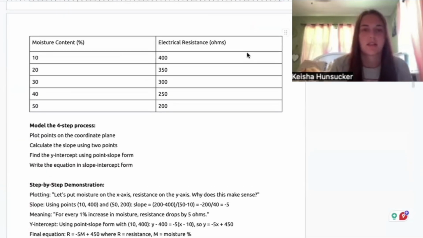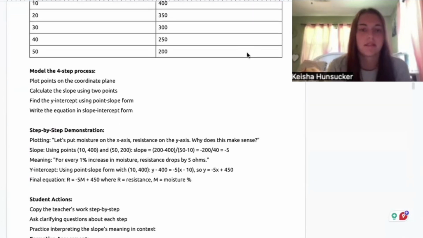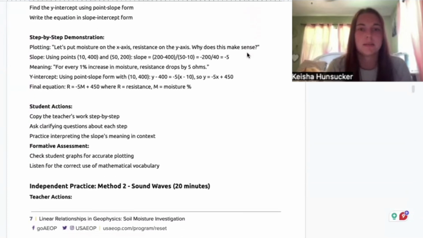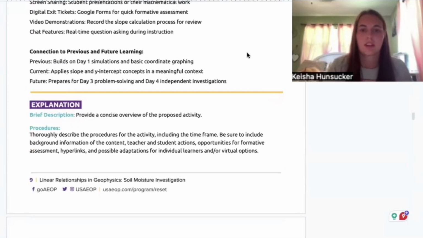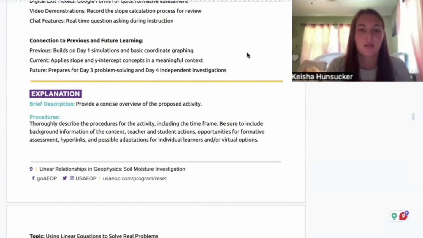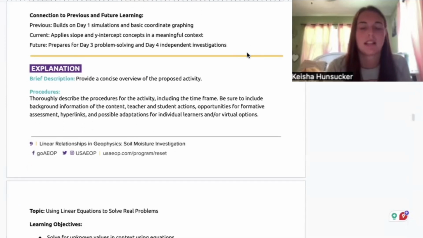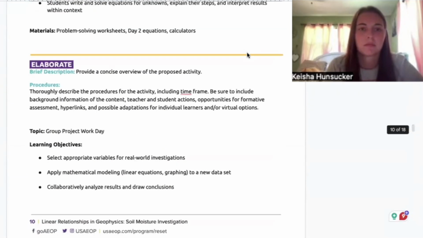For example, they discover that as soil moisture increases, electrical resistance decreases predictably, creating the equation R equals -5m plus 450. They're also going to have independent practice similarly with sound waves. This hands-on approach is going to bridge concrete simulations from day 1 with abstract mathematical modeling, making the connection between science and algebra very explicit.